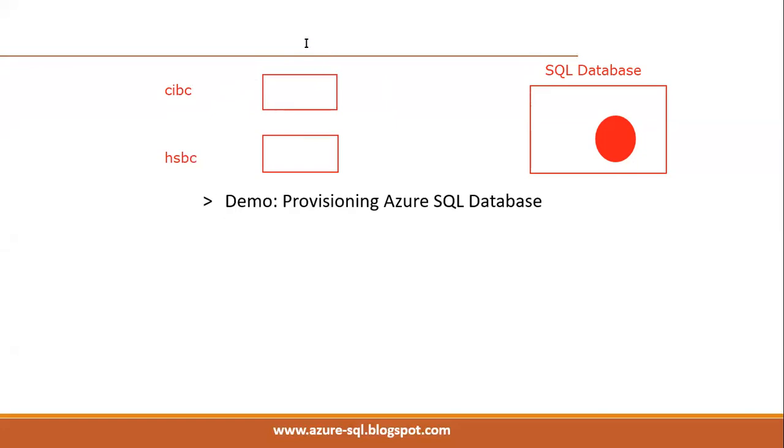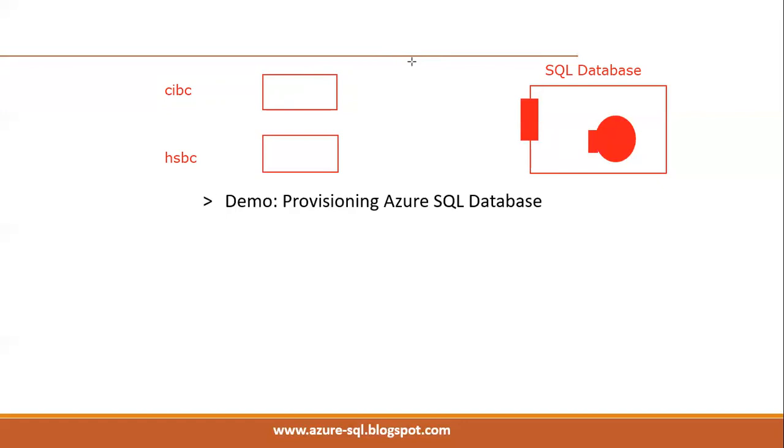I want to allow connectivity from these applications. So we need to configure the firewall. We have two types of firewall options. We'll discuss again. One is a server level firewall, and the other is a DB level firewall.